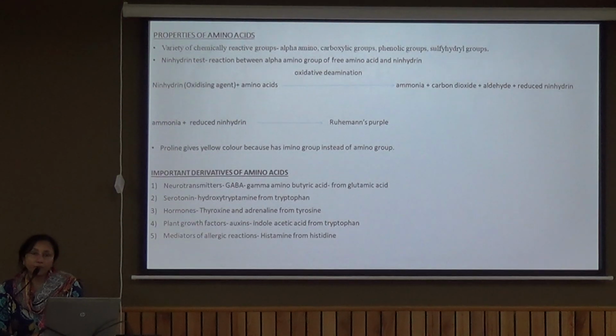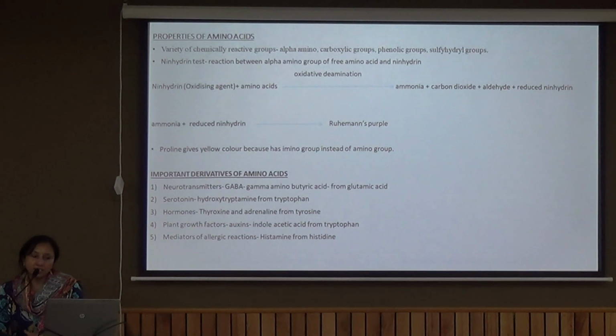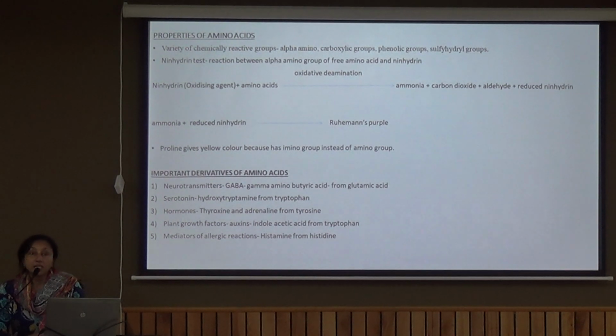Now, what are the properties of amino acids? A variety of chemically reactive groups are present in amino acids like alpha amino, carboxylic group, phenolic group, sulfhydryl group. We have the ninhydrin test to see the presence of amino acids. It is a reaction between the alpha amino group of a free amino acid and ninhydrin. What actually happens?